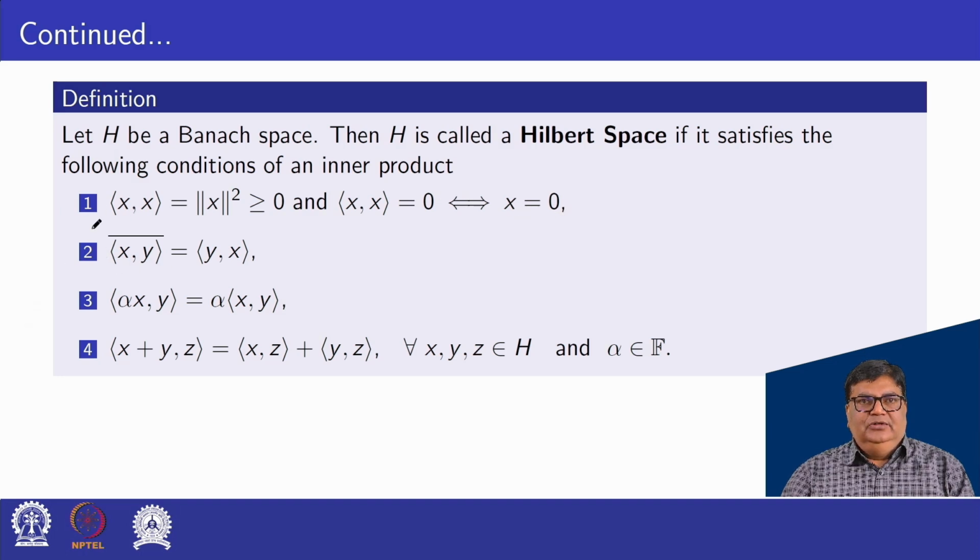Second condition, conjugate complex of the inner product of x, y equal to inner product of y, x. Third, inner product of alpha x, y equal to alpha into inner product of x, y. Fourth, inner product of x plus y, z equal to inner product of x, z plus inner product of y, z. For all x, y, z, elements of H and alpha belonging to F.